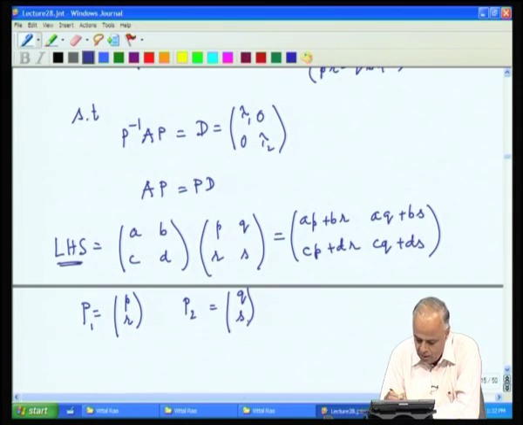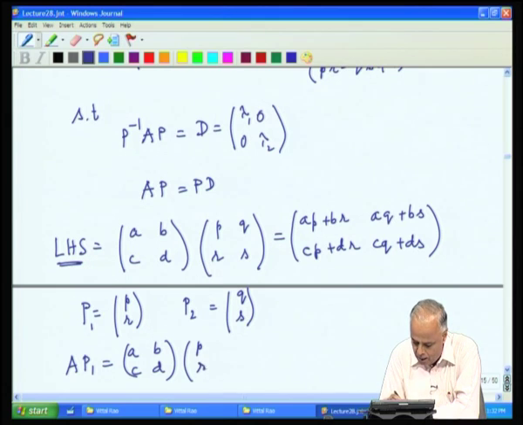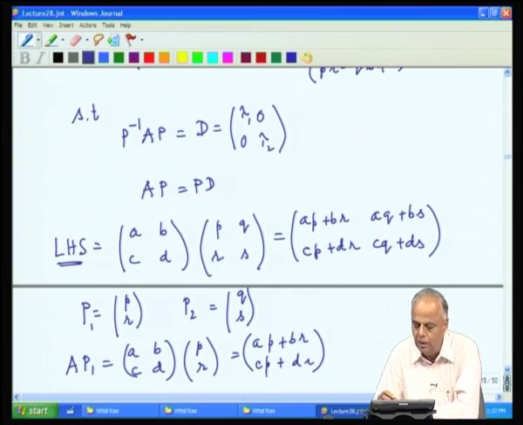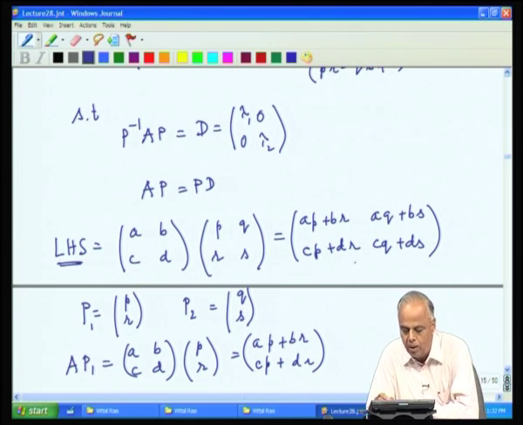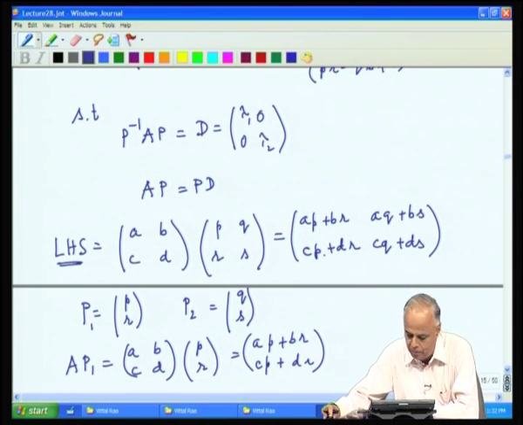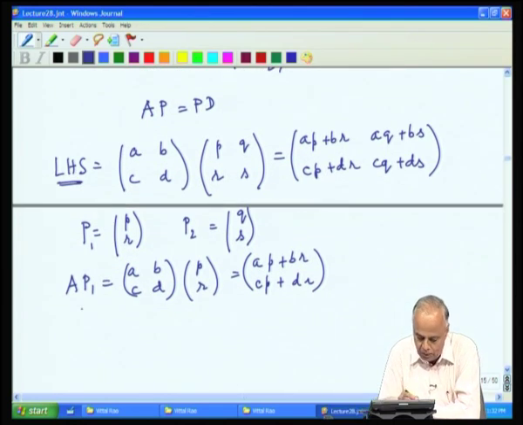So, what is A P 1? A P 1 is A B C D into P R, which is A P plus B R, C P plus D R. This is the first column of the product. This is what we meant by saying the first column of the product will be A P 1. Okay. So, this is what A P 1 is.